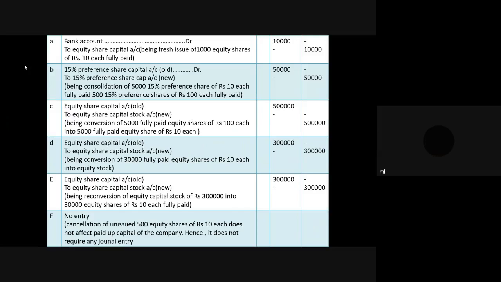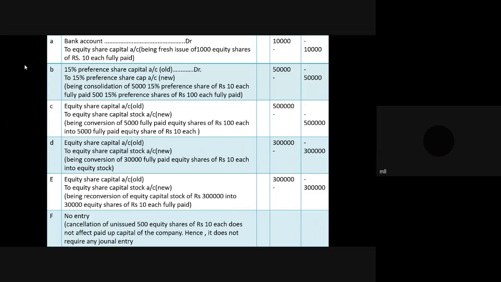Then another entry: the company has converted 30,000 fully paid equity shares of rupees 10 each into equity stock of rupees 3 lakh.